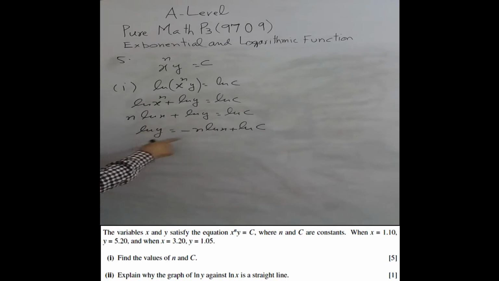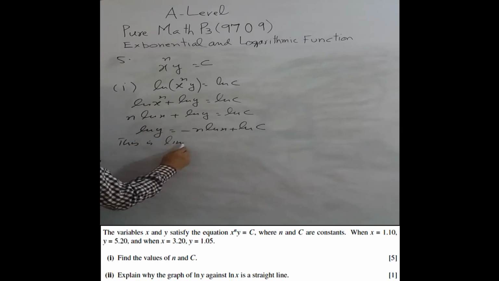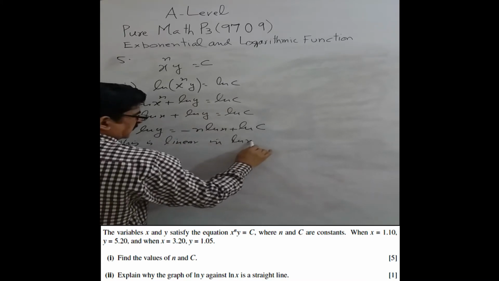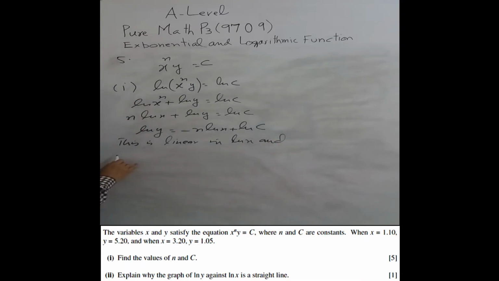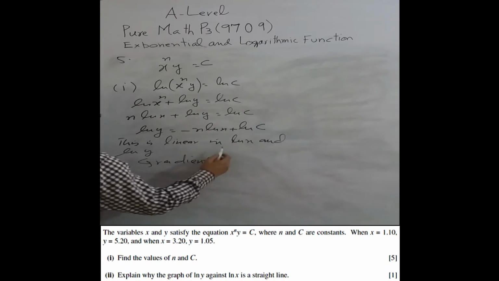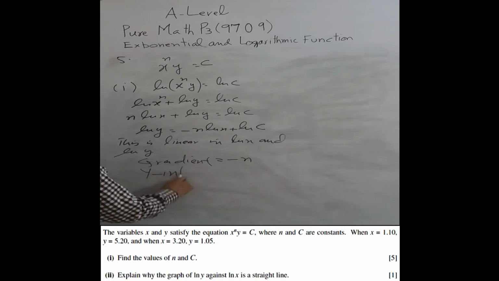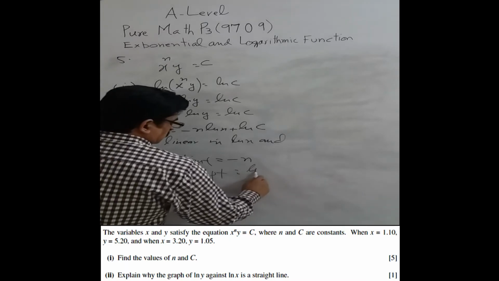Now this is linear in ln x and ln y. So gradient is minus n, and y-intercept is ln c.